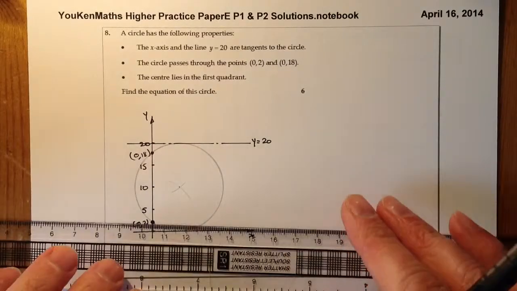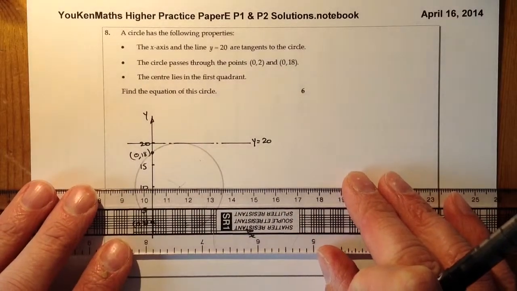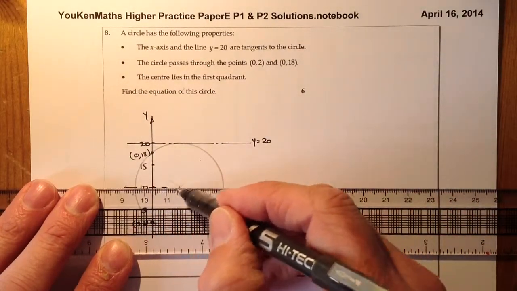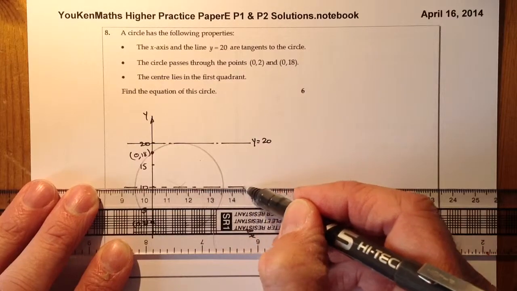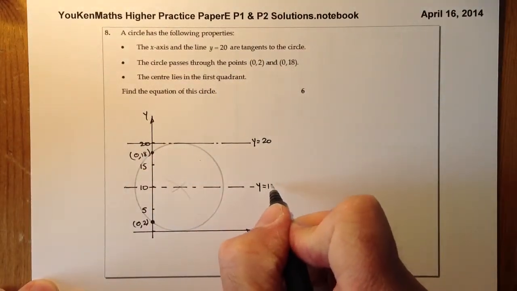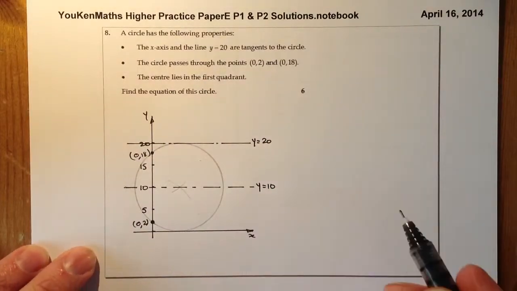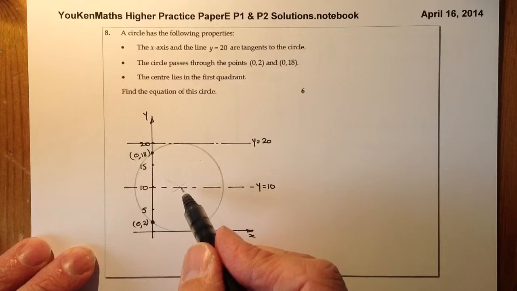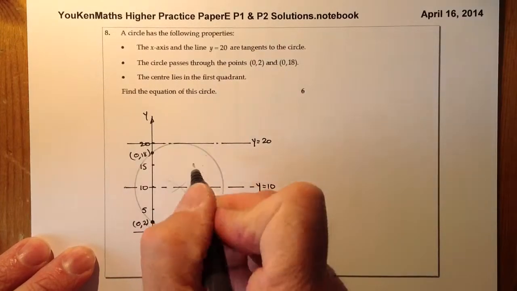What I do know is that the centre of the circle has a y coordinate equal to 10. That there is the line y equals 10. So just from the clues above, I'm building up a picture. I know the centre is lying in the first quadrant.